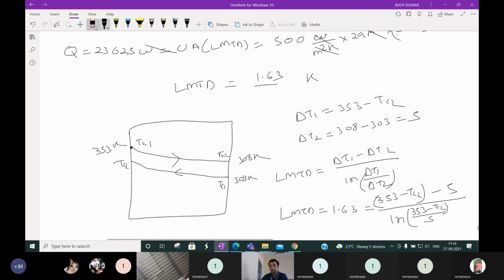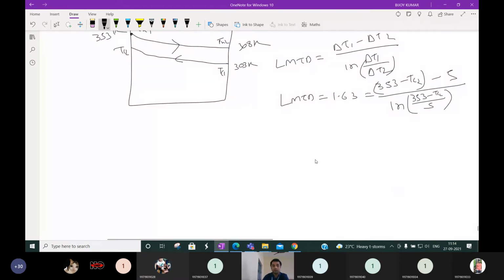If you observe this equation, what is the unknown? TC2 is the unknown and all the other data is given. Can we calculate TC2? Simply we can. So 1.63 into ln of (353 minus TC2) by 5 is equal to 353 minus 5, which is 348, minus TC2.